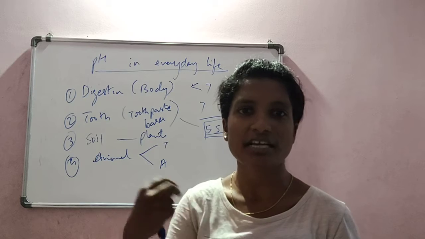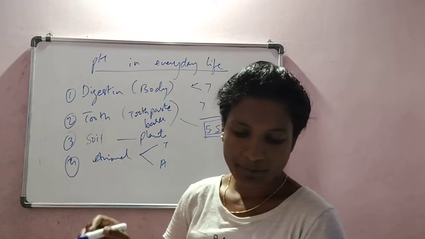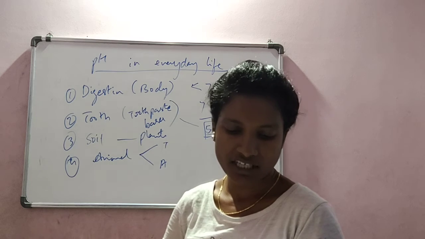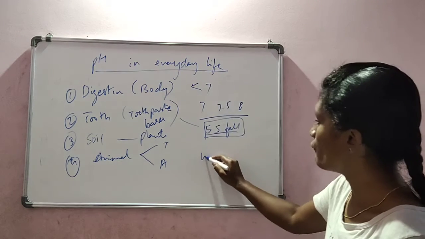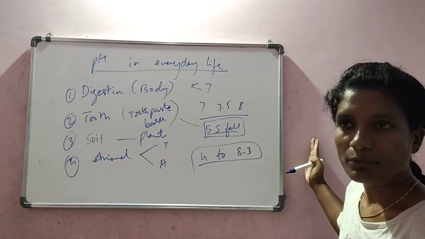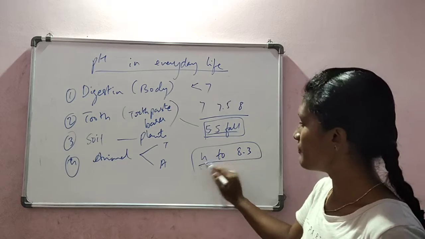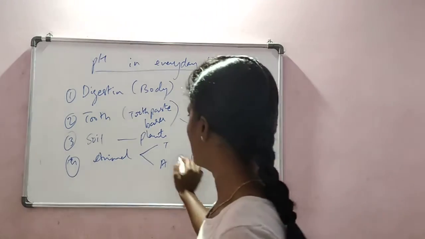More and more chemicals get added into the food and travel through the food chain. So the normal pH for the soil should be between 4 and 8.3. It should not go above 8.3. It should be neither too basic nor too acidic. It should be between 4 and 8.3 for soil.